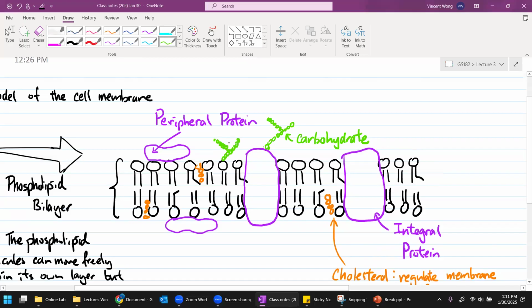These are little sugar molecules. And then you're going to have what's called a glycoprotein. I'm going to put it over here just so I have space. And this here is called a glycolipid.